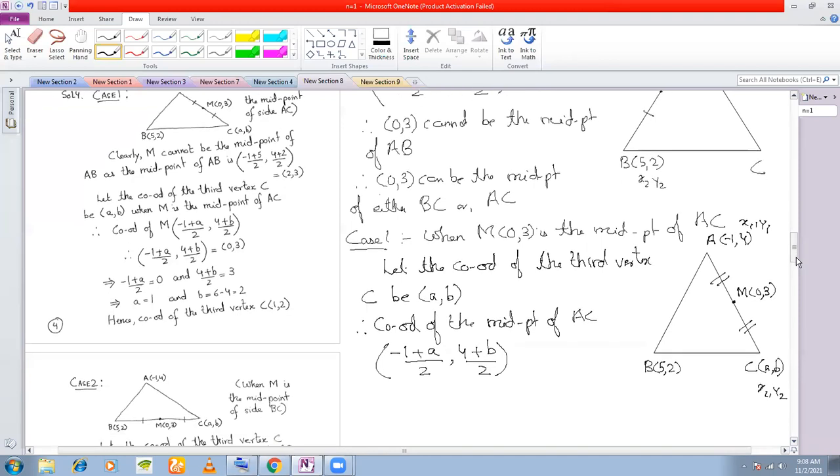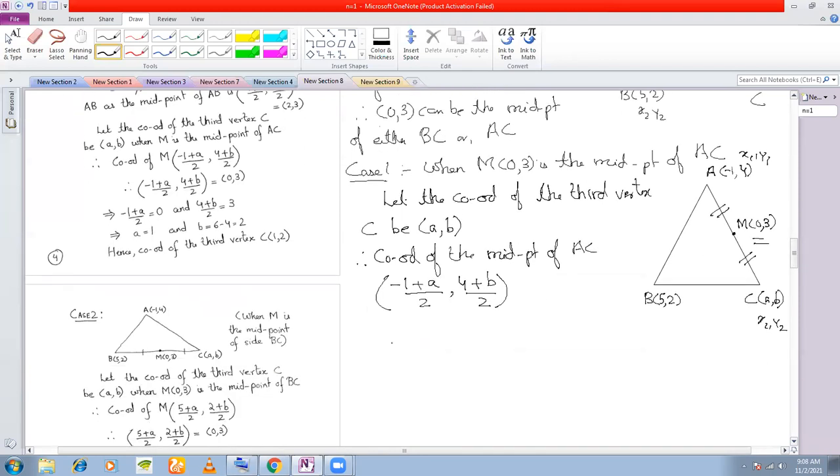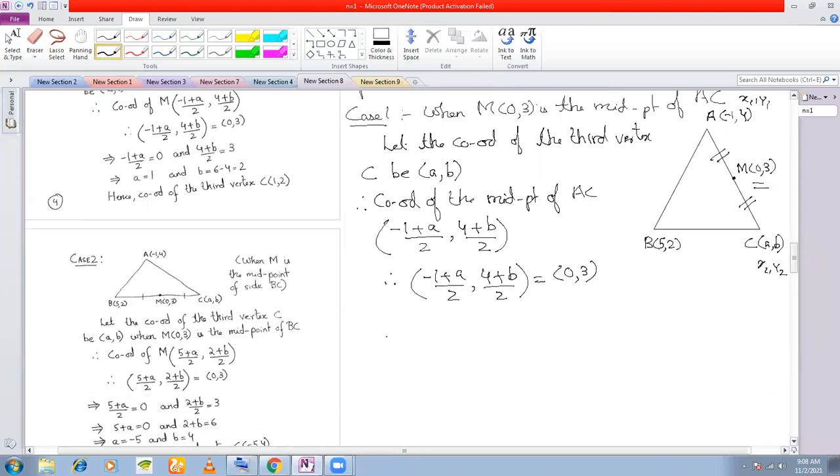right? But what is the midpoint given here? 0, 3. So therefore, (-1 plus a)/2, (4 plus b)/2 must be equal to 0, 3. So we equate the x coordinate and the y coordinate separately. You will get the value of a and b.